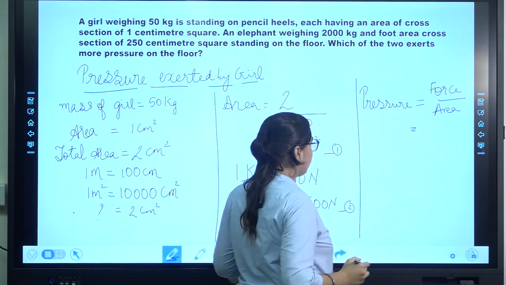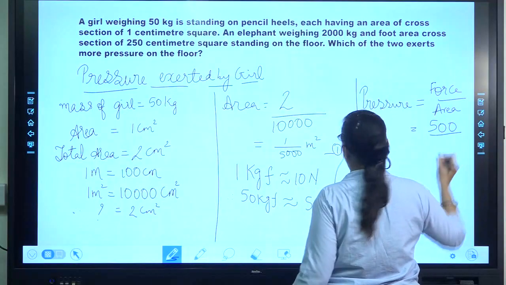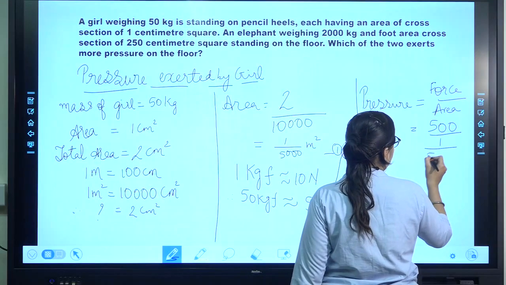What is the force? 500 Newton. What is the area? 1 upon 5000.